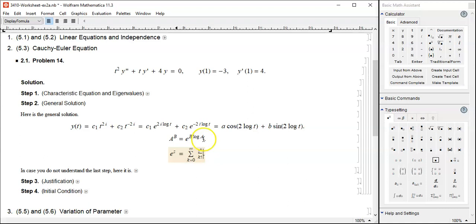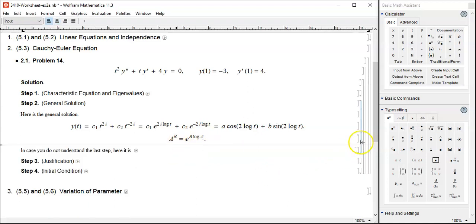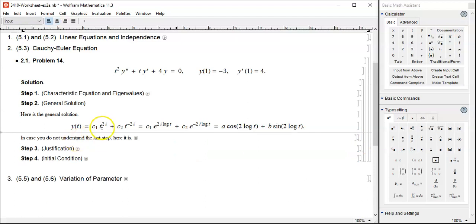For the arbitrary case, we define like this. And that we just did here. T to the 2i power, change it into natural exponential, e to the 2i times log of t. And now if you have the exponential of a pure imaginary number, then it is equivalent to cosine plus i sine.